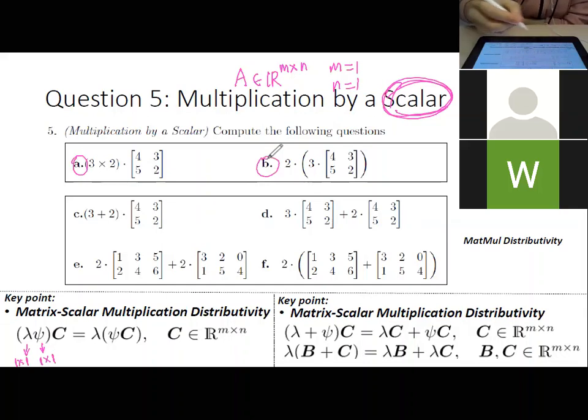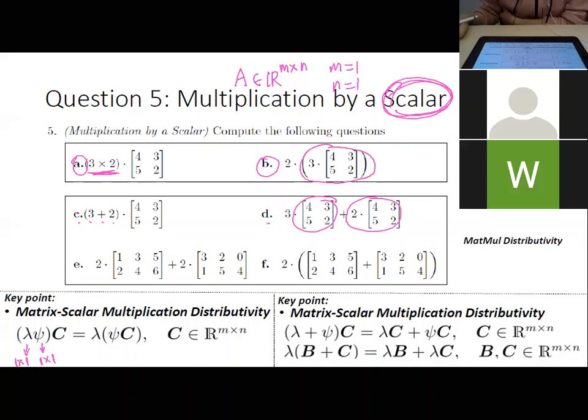The difference is that in question A, we calculate 3 times 2 first. However, in question B, we calculate 3 times the matrix first. Then we go to question C and question D. Again, we can see that question C calculates 3 add 2 first, and question D calculates the multiplication separately first. Then for question E and F, it's the same.